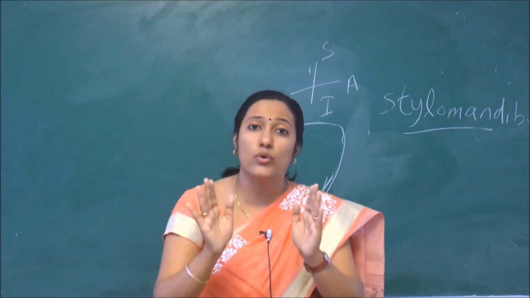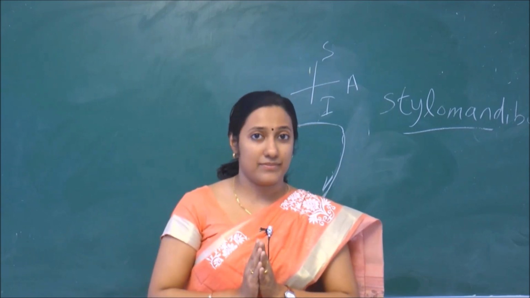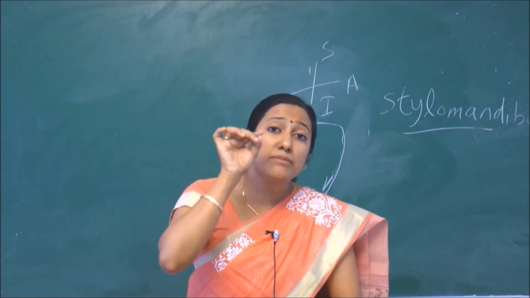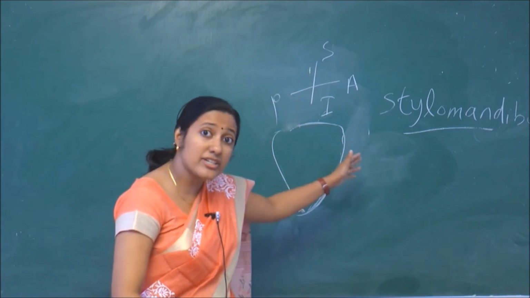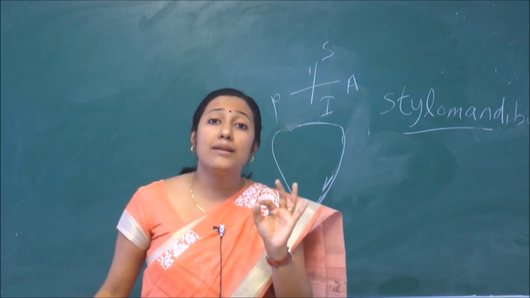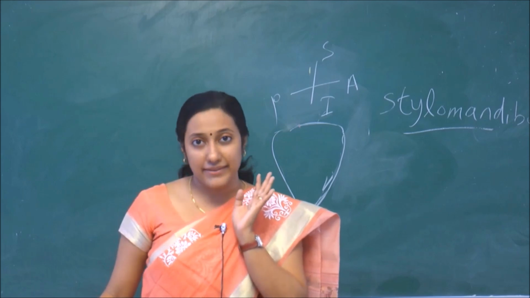So common carotid divides into external and internal carotid, and whatever branches we are going to see in the parotid gland or emerge from the parotid gland are mainly the branches from this external carotid artery.